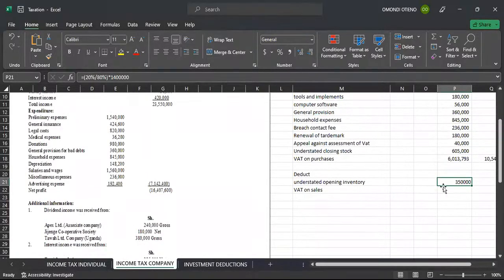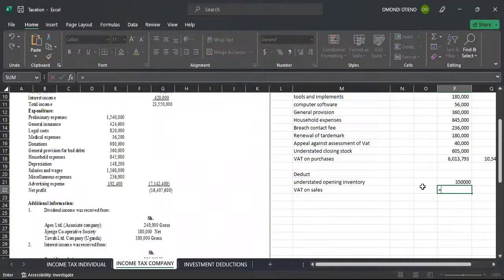So let's look at this one here. VAT on sales, we are told it is 16%. So whatever we are given here as 64 million is 116%. It has VAT of 16% and the normal rate, that is 100%. So how do we eliminate VAT from this 116?